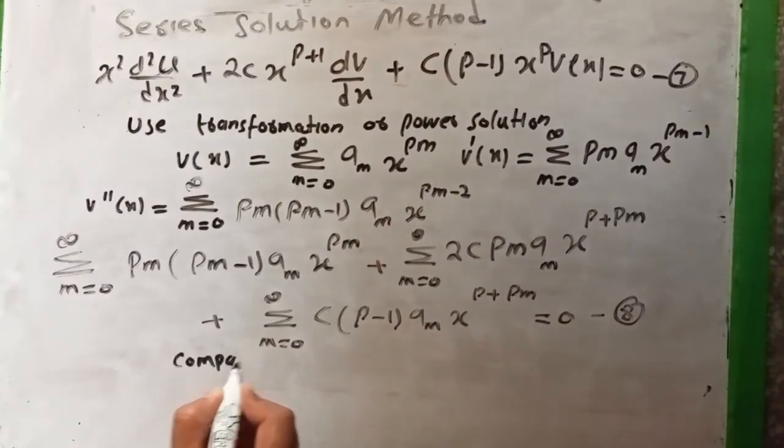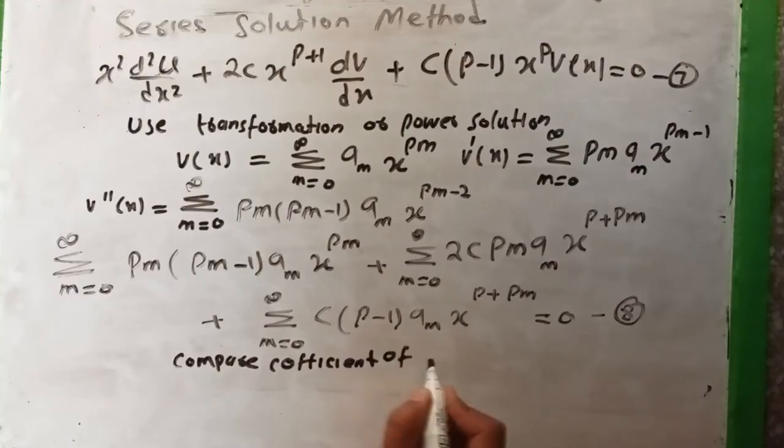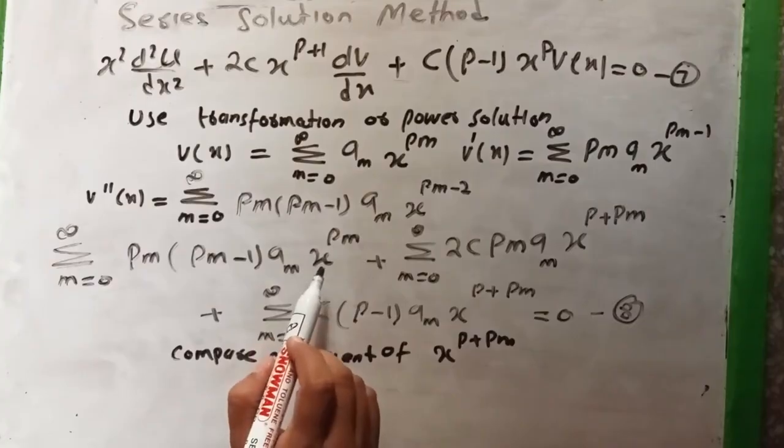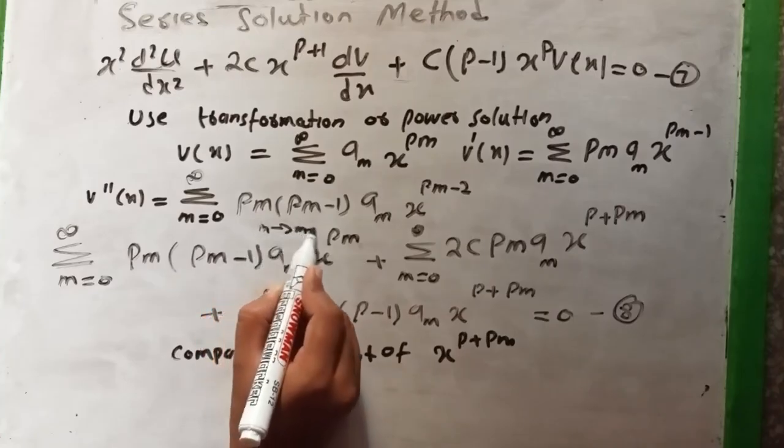Compare the coefficient of x raised to power p plus pm. To make this term x raised to power p plus pm, we replace m by m plus 1.